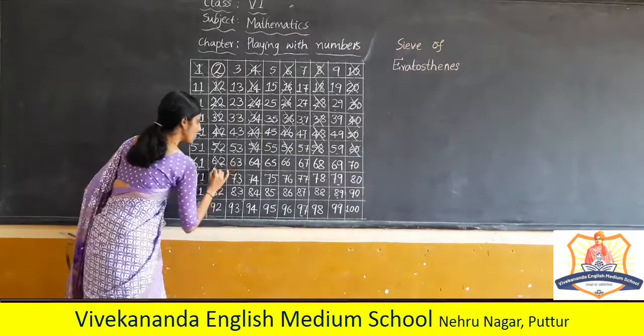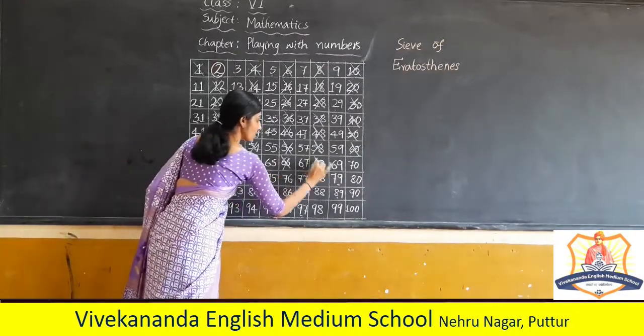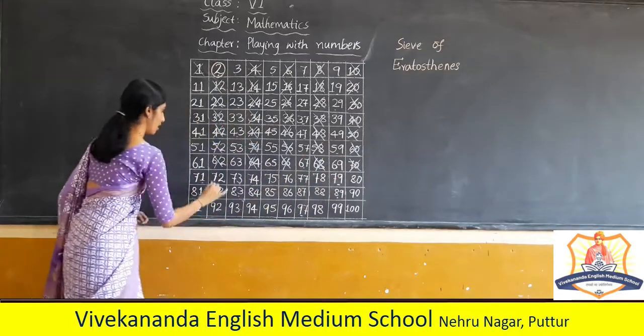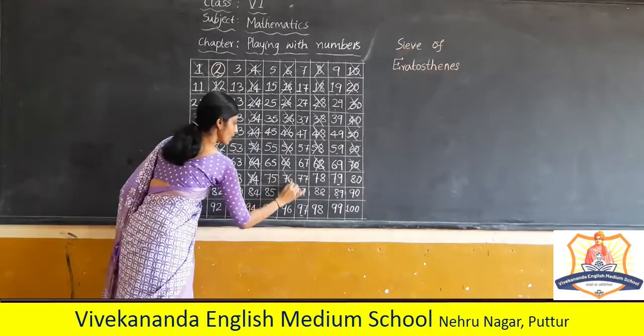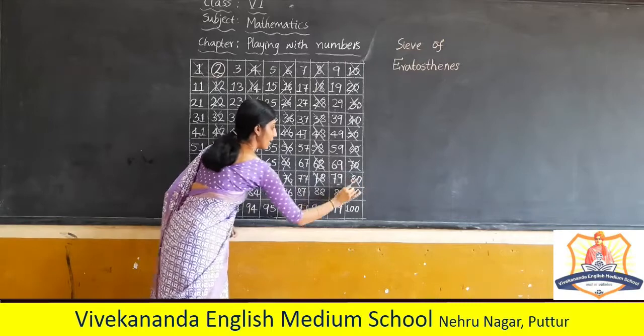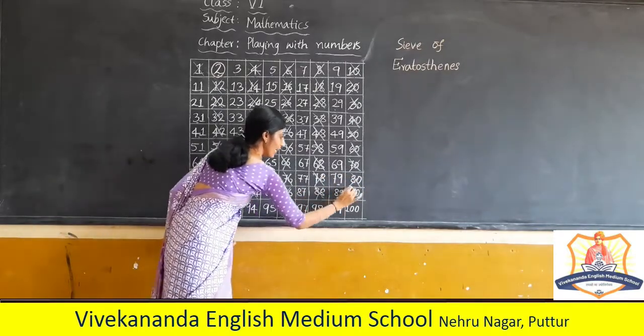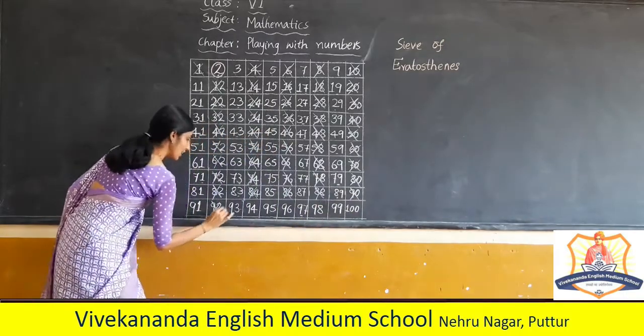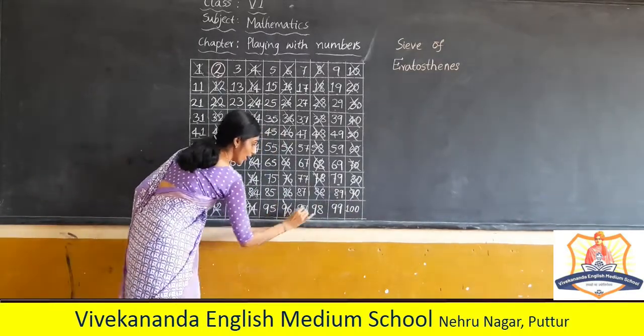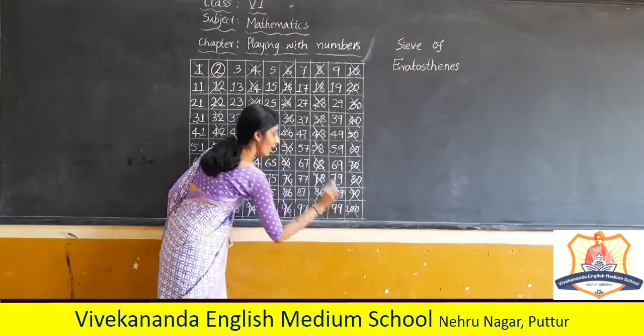Right? 62, 64, 66, 68, 70. 72, 74, 76, 78, 80. 82, 84, 86, 88, 90. 92, 94, 96, 98, 100.